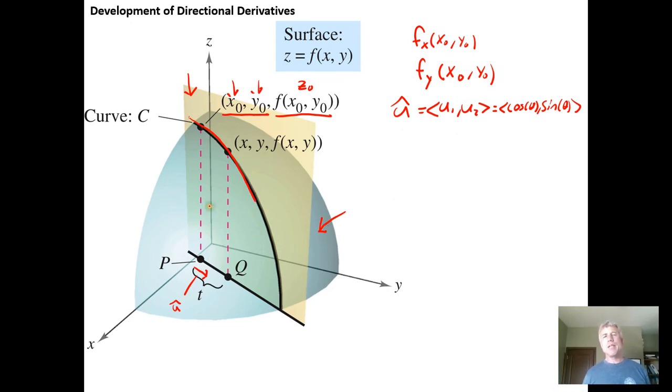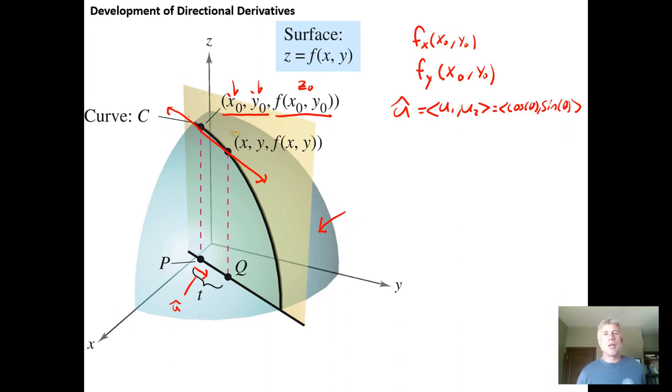And so if we're finding the derivative in the direction of u hat, what we are looking for is the slope of the tangent line to the point in that plane. And then what we want to think about is, what is the slope of a tangent line? So remember in Calc 1 what we did is we found the slopes of secant lines, and then we took a limit that would allow the secant line to become a tangent line.